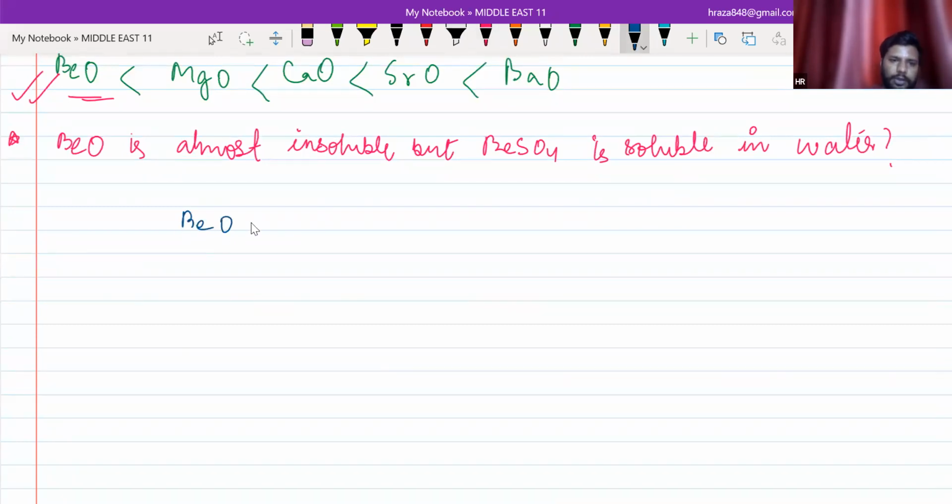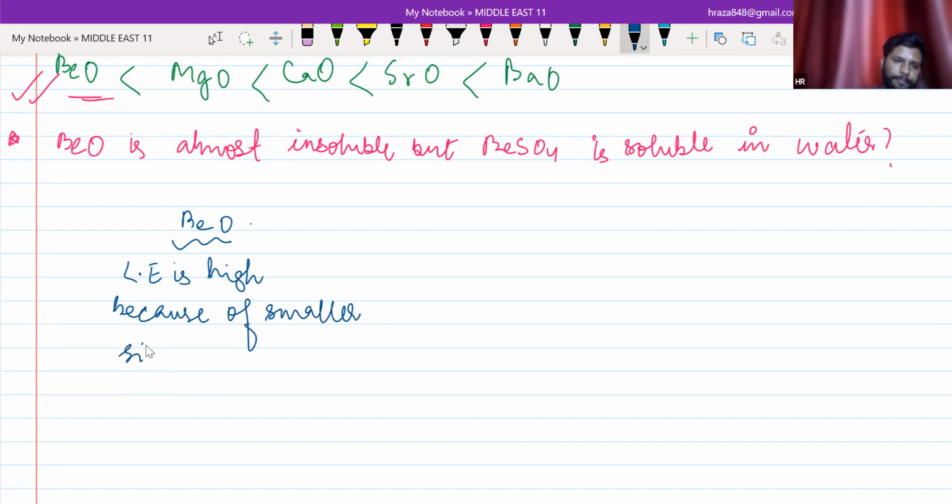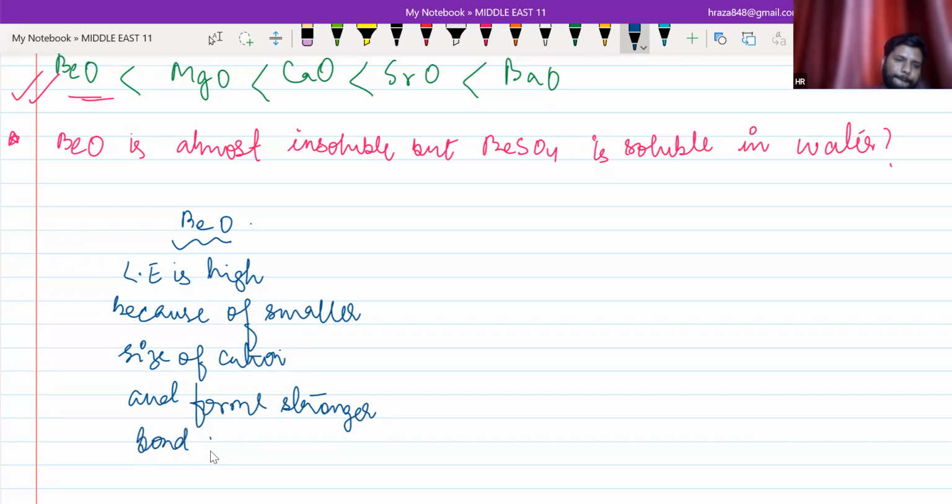It is because in BeO, lattice energy is high. If lattice energy is high, then it will be less soluble. Why is its lattice energy high? Because of the smaller size of the cation, which forms a stronger bond with a smaller anion.